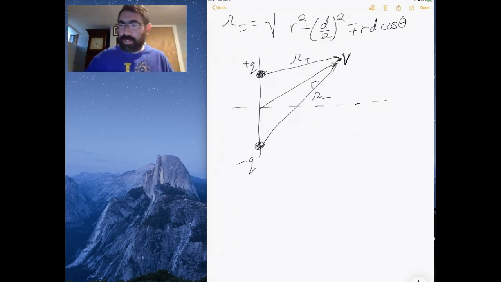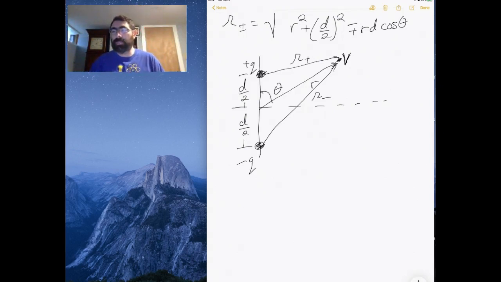And the distance between the charge and the origin is d over 2, like so. Okay, so that's the picture that we're working with. And the angle theta is this angle here. So it's the angle between the direction r, origin to the point in space, and the z-axis.